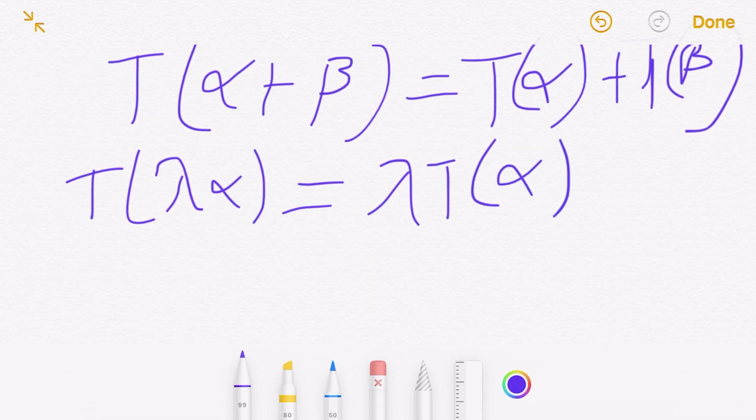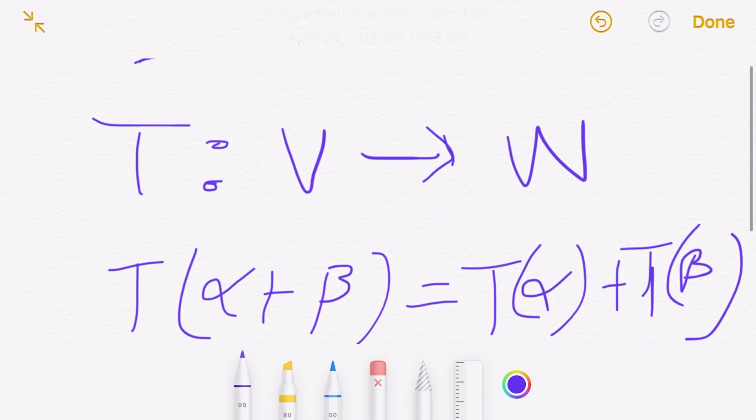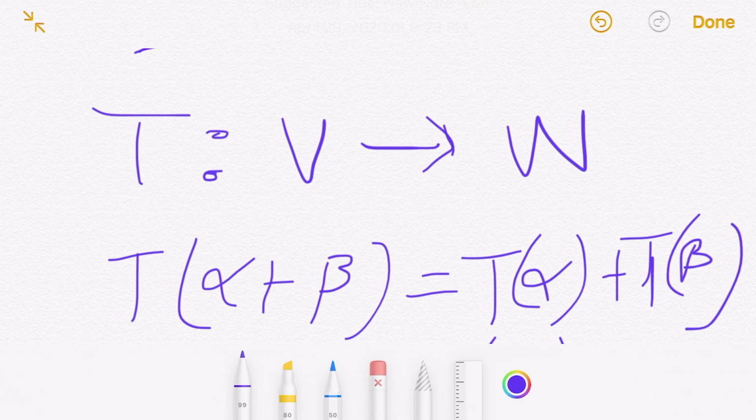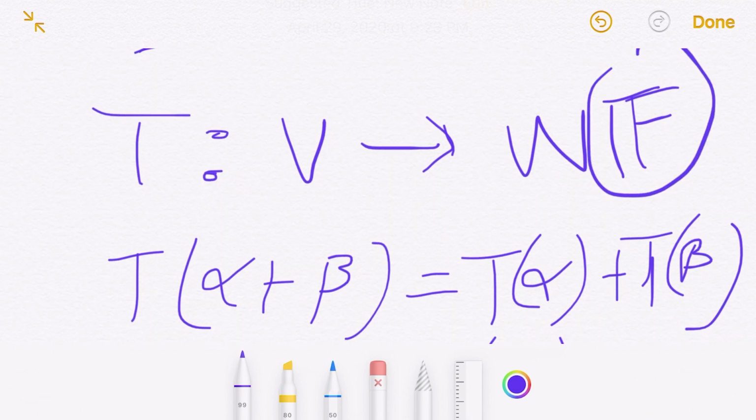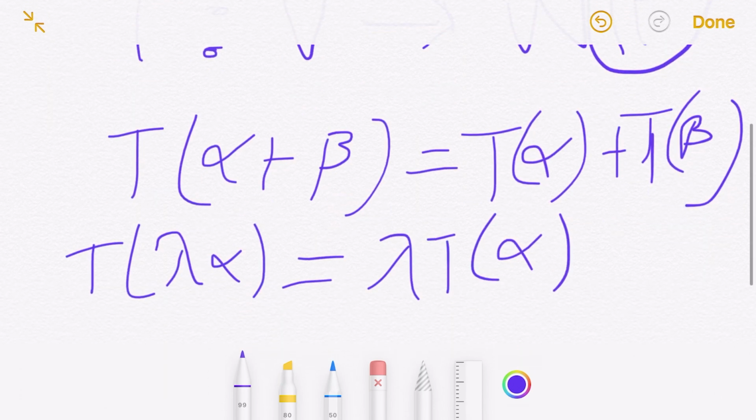What is lambda? Lambda is a number in a field. Vector spaces are defined over certain fields. I have no idea how to write the symbol for field, but whatever. Both V and W are over a certain field, and a linear map holds these properties.